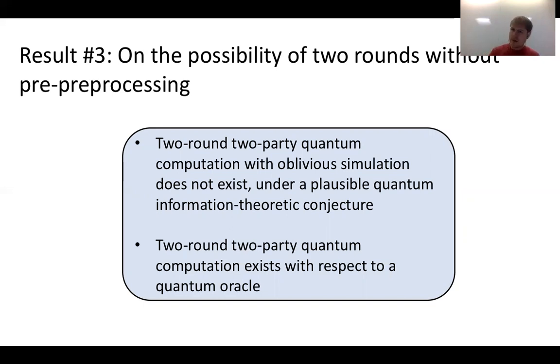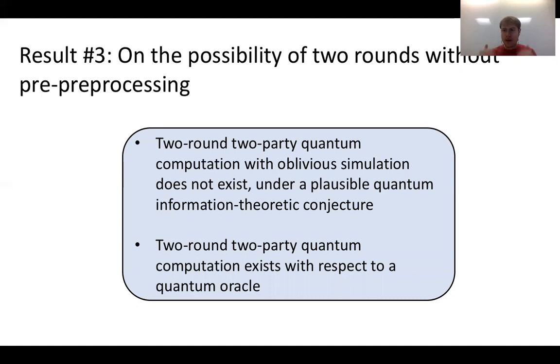We only obtain this result under an information theoretic conjecture. But this is interesting because this type of oblivious simulation does suffice for classical two-round 2PC. So it shows, under this conjecture, a separation between the classical and quantum cases.